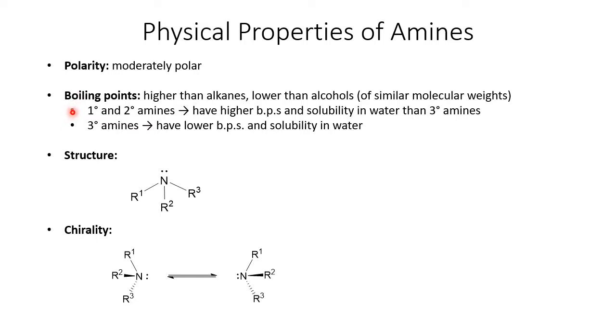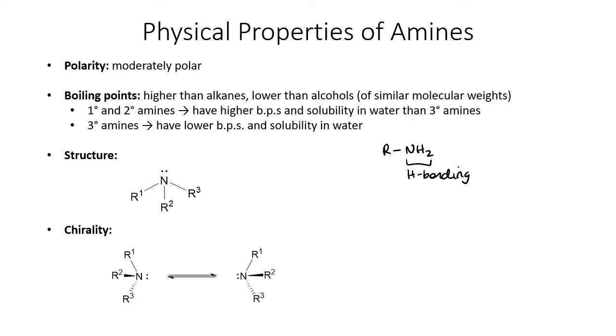Now, in general, primary and secondary amines have higher boiling points and solubility in water than tertiary amines, and that's because of the presence of H's. So with a primary amine, you have two NH bonds, which are capable of hydrogen bonding. And they can both be hydrogen bond donors and acceptors.